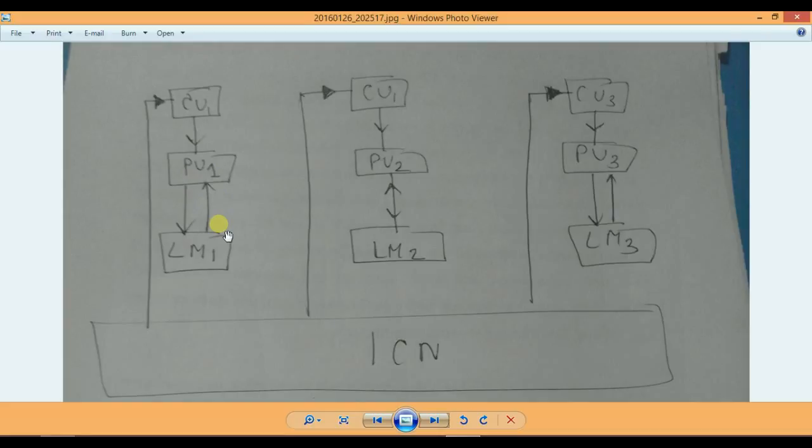That's perfectly fine, no problem with that. But the only thing different is that since it's local memory, it cannot connect to the others as such. So there's also an ICN here, and through the ICN the networks can connect to each other.